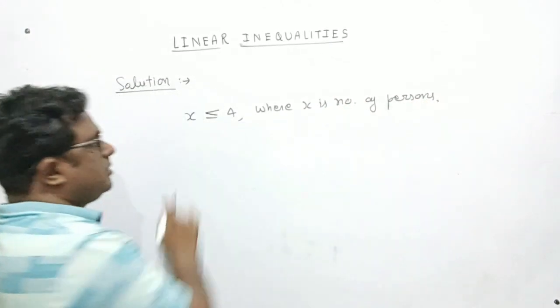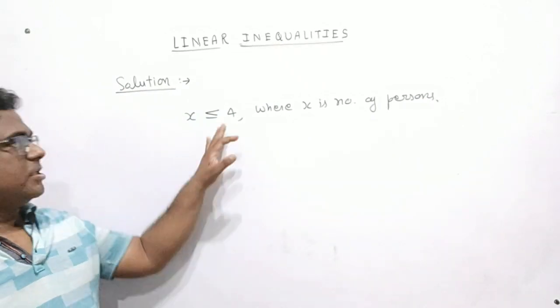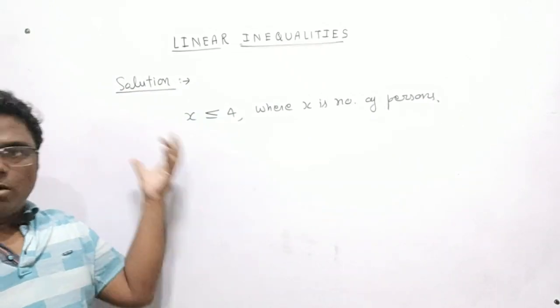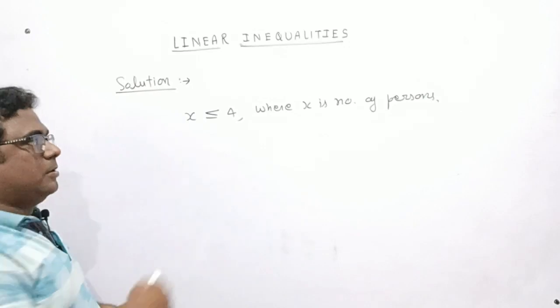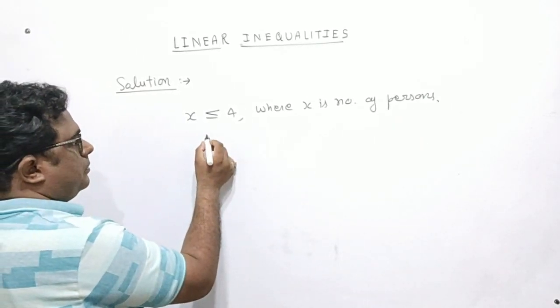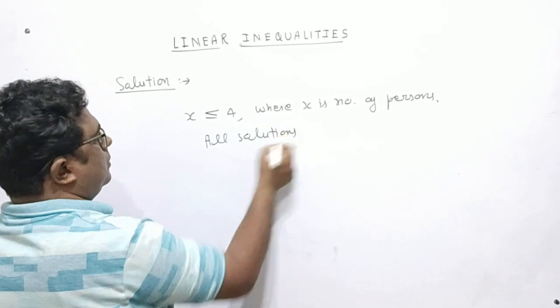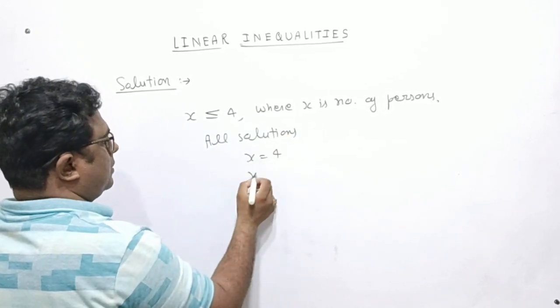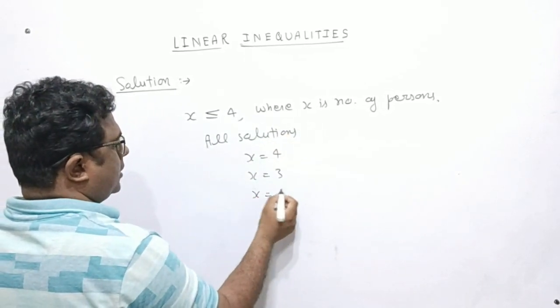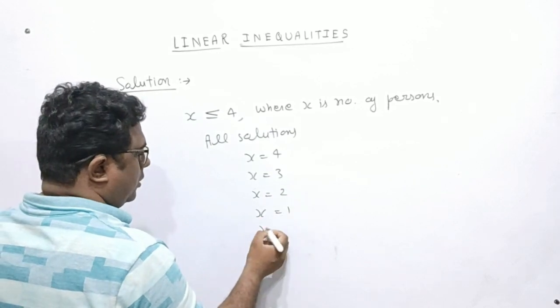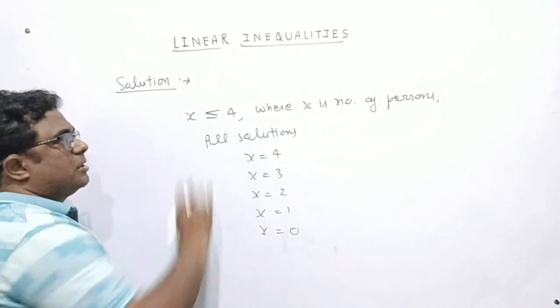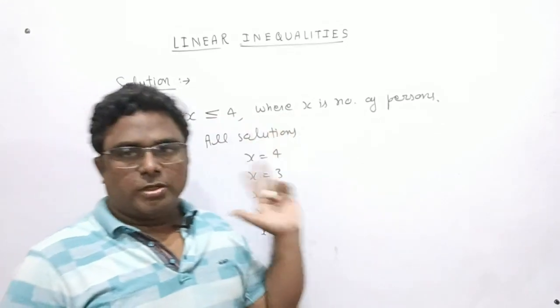So here I am saying that the value of x is less than or equal to 4. So what are the possible solutions for this? All solutions are x equal to 4, x equal to 3, x equal to 2, x equal to 1 and x equal to 0. All these are the solutions for this inequality.